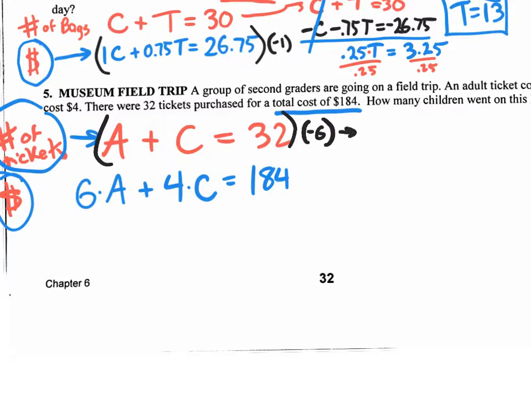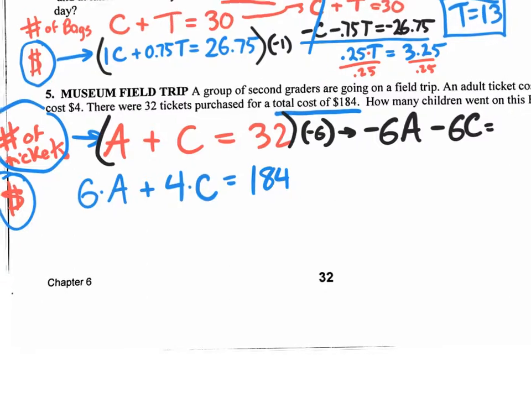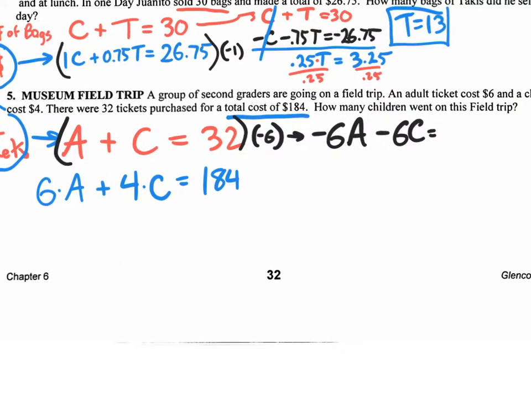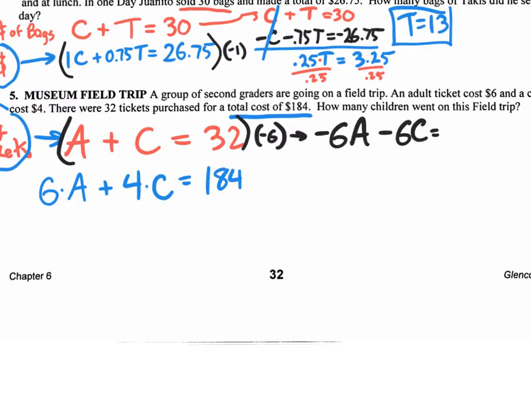So when I multiply by -6, it's going to be -6A minus 6C equaling, let me figure that out. 32 times -6 with the calculator is -192. The bottom equation we're going to leave the same. Positive 6A plus 4C equals 184.